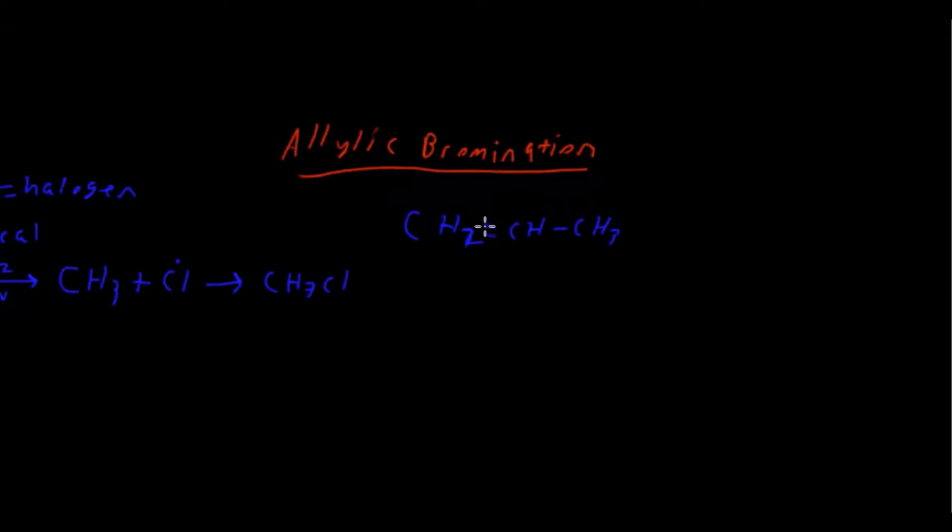Just remember that when a carbon has 3 bonds, one of them being a double bond, that means it's sp2. And if it's got all single bonds, that means it's sp3. So in this case, this is our allylic carbon, and that's exactly what we need for allylic bromination. So it works out perfectly.